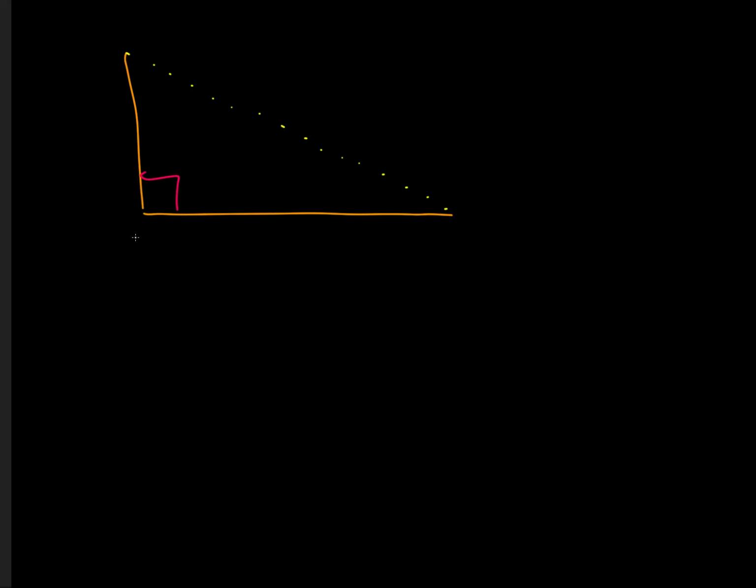We know the total length of this, so this plus this, like x and y, so x plus y equals 12 centimeters. And so the way we're going to do it, we're going to just call this x, and then we know this would be, sorry, it'd be 12 minus x.